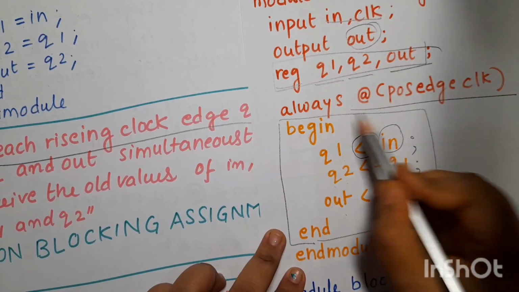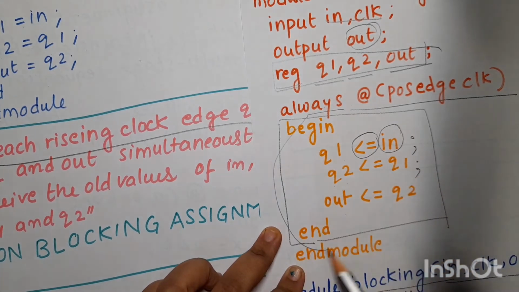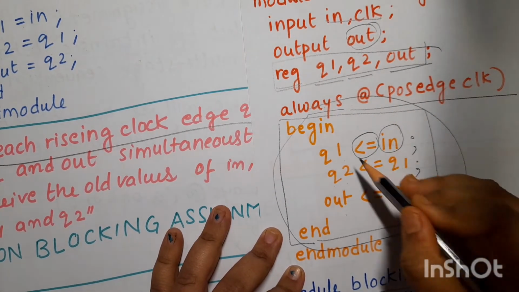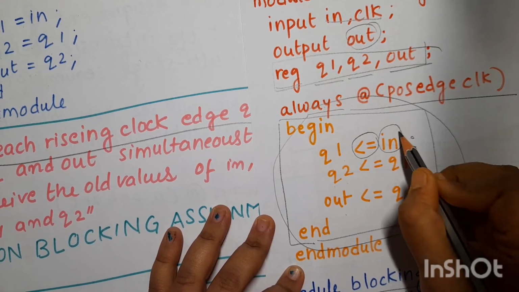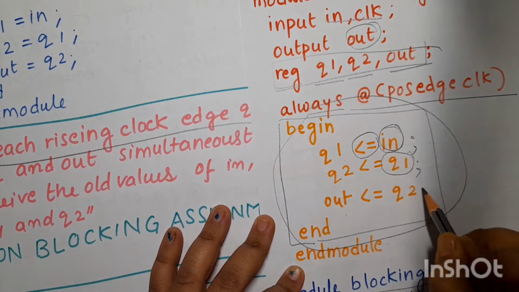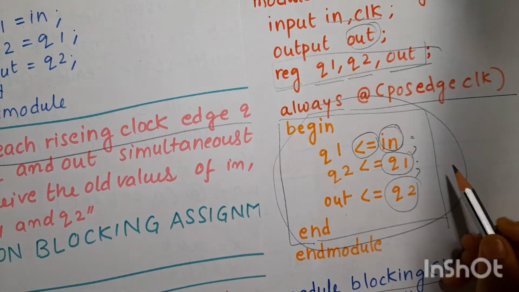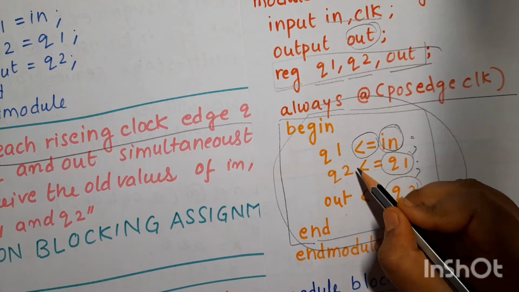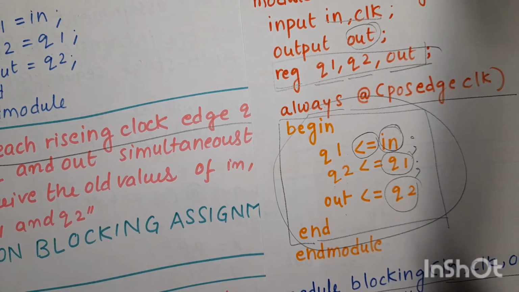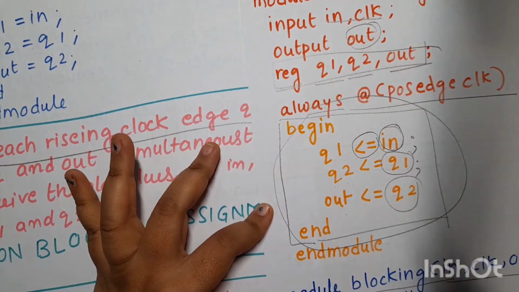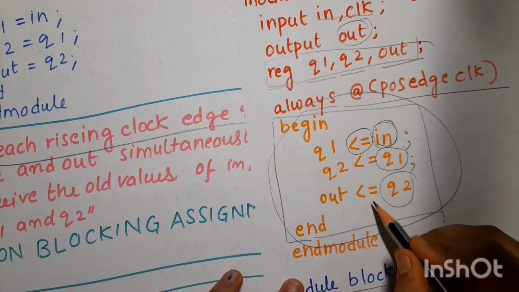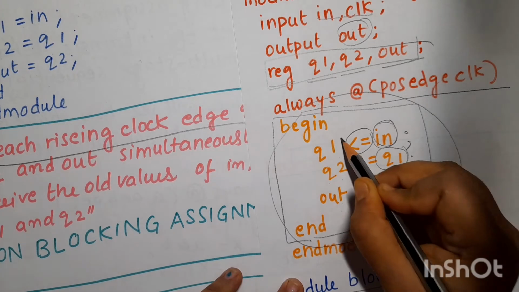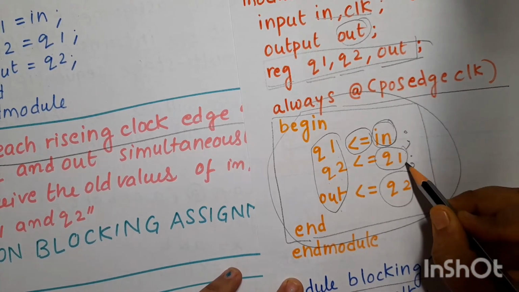At every passage of the clock, we will enter this block. In will be evaluated, Q1 will be evaluated, Q2 will be evaluated, but they won't get assigned to Q1, Q2, out. Assignment will happen once we come out of the begin end block. So Q1, Q2, out will get the old values of in, Q1, Q2.